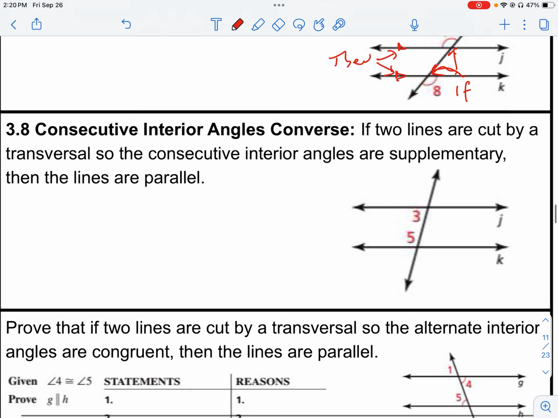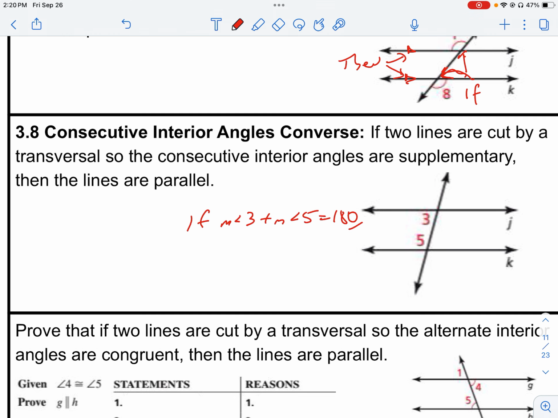If two lines are cut by a transversal so that the consecutive interior angles are supplementary, so if the measure of angle 3 plus the measure of angle 5 equals 180 degrees, then line J is parallel to line K. So if they add up to 180, line J and line K are parallel.